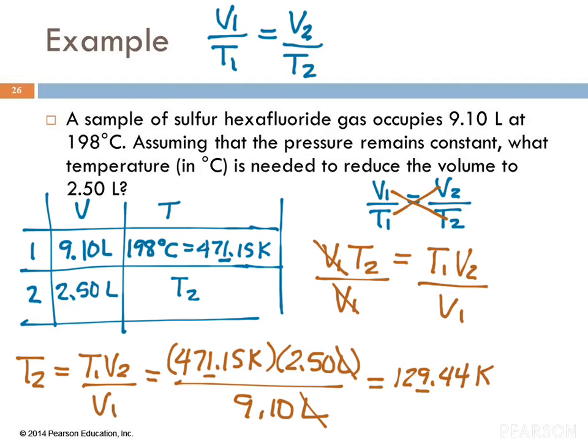I'm not rounding that yet because we need to find the temperature in Celsius. And so we need to subtract 273.15. And now we'll round to 3 significant figures, and we're going to get minus 144 degrees Celsius.